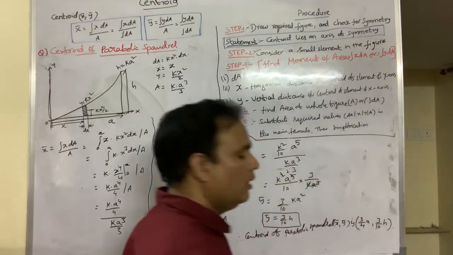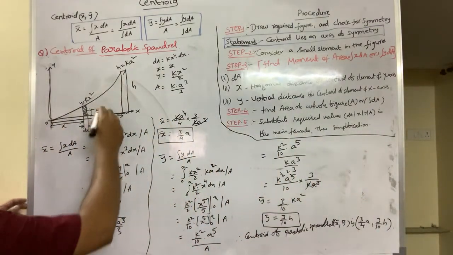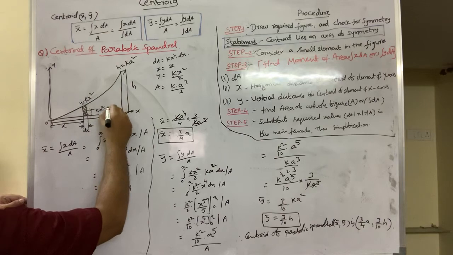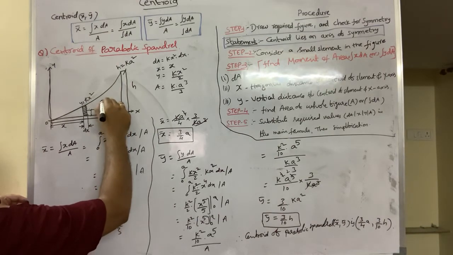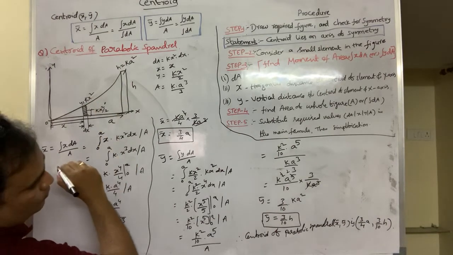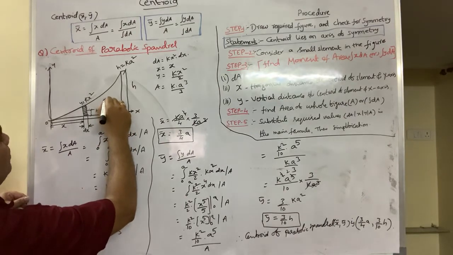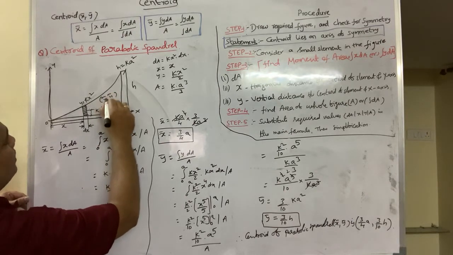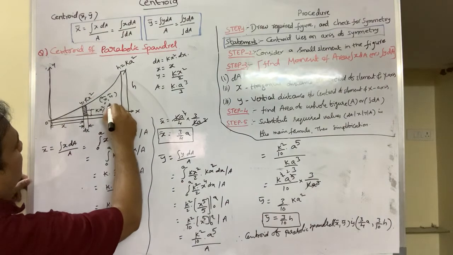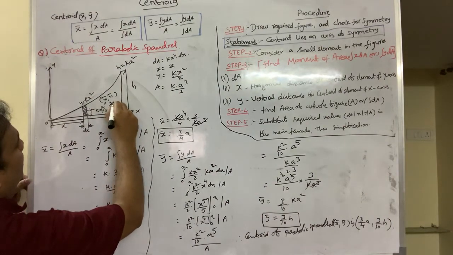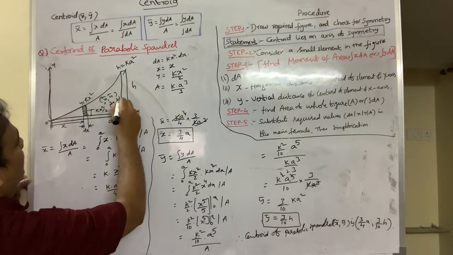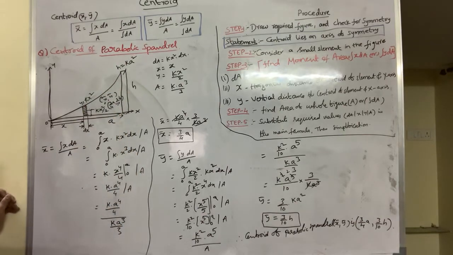So this is the final answer. And for this entire figure, somewhere here the centroid would lie, that is x bar comma y bar. So that value is 3 by 4 a comma 3 by 10 h. So this is the final conclusion.